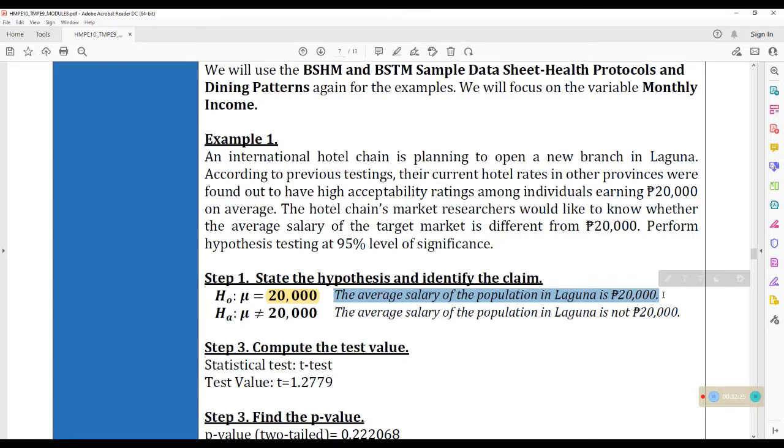So, yung mga tao sa Laguna, probably, i-accept din nila or magiging maganda rin yung pagtanggap nila sa current hotel rates ng hotel chain na bubuksan sa kanila. Probably, magkaroon sila ng mga patrons doon or mga customers doon kasi nga gusto nila yung hotel rates or mabenta sa kanila yung hotel rates. May market sila sa Laguna kasi kaparehas lang ng population mean as the other provinces.